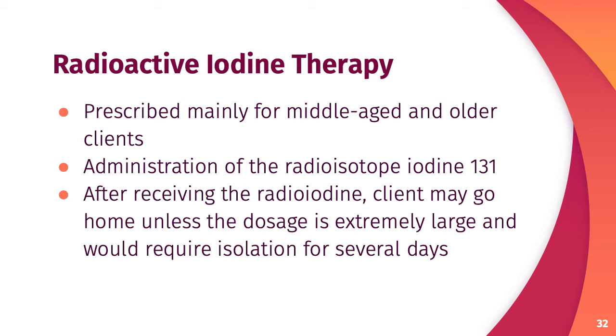Now, because the thyroid gland takes up iodine in any form, radioactive iodine 131 concentrates in the thyroid gland, damages, and destroys the thyroid cells. So this is prescribed mainly for middle-aged and older clients. After receiving this therapy, the clients may go home unless the dosage is extremely large, and they would require isolation for several days.